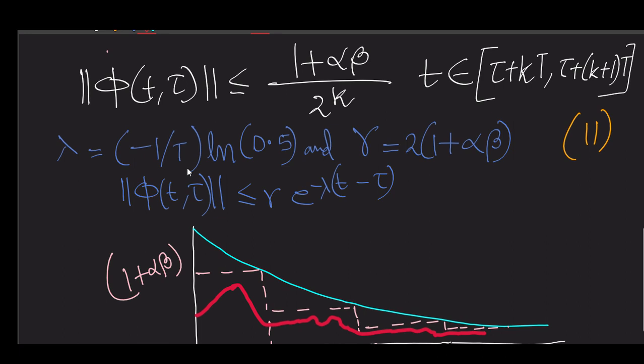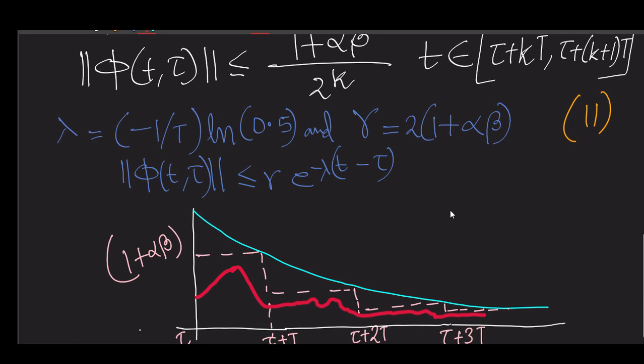So to give you a pictorial impression, here I have drawn this diagram. You can see that it is 1 plus alpha beta within the first chunk, then in the next chunk it is 1 plus alpha beta by 2, in the next chunk 1 plus alpha beta by 4, then 1 plus alpha beta by 8, then 1 plus alpha beta by 16.